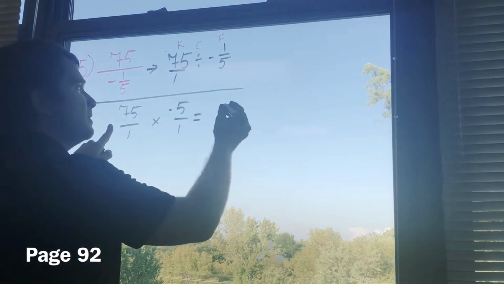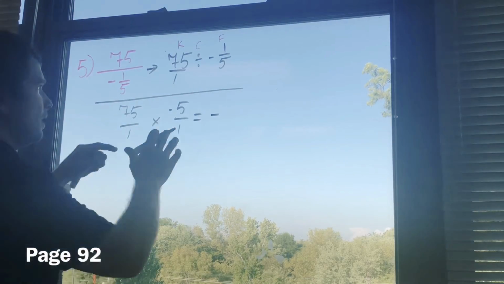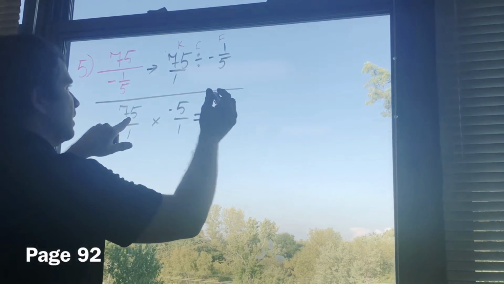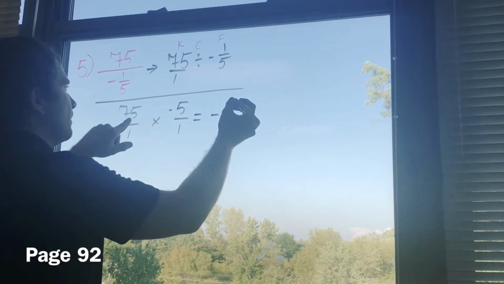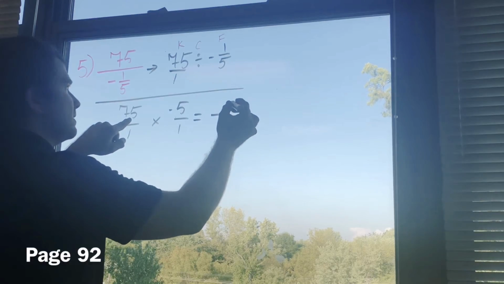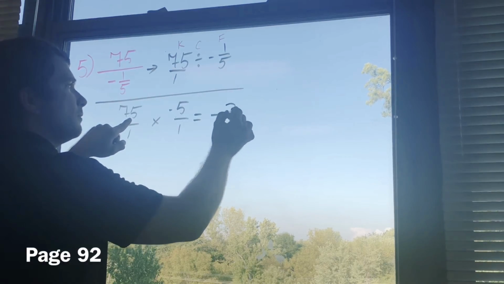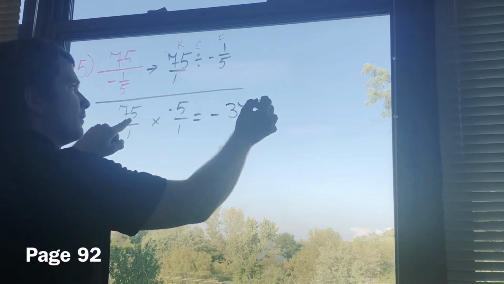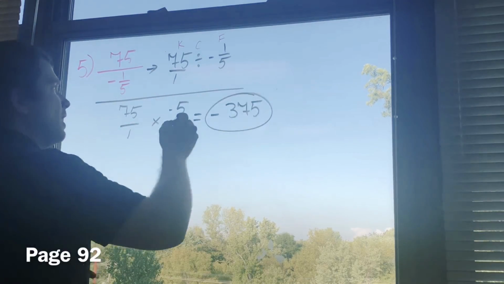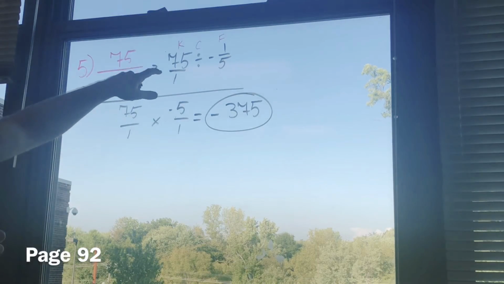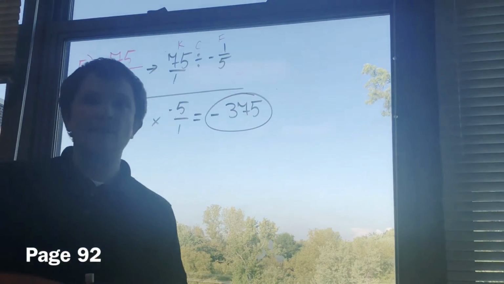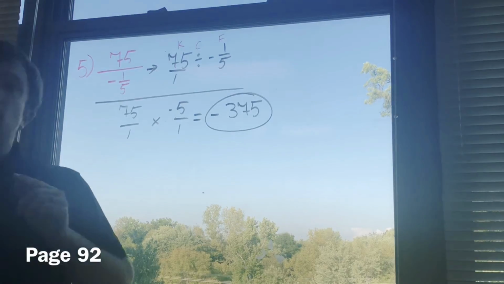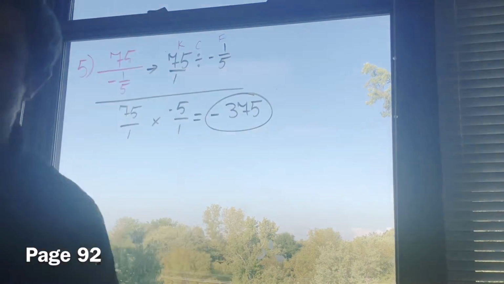A negative times a positive will get us a negative answer. And 5 times 75 will get us, what would that be? 375. A negative 375. So important that early on you keep, change, flip that fraction division problem into a fraction multiplication problem.